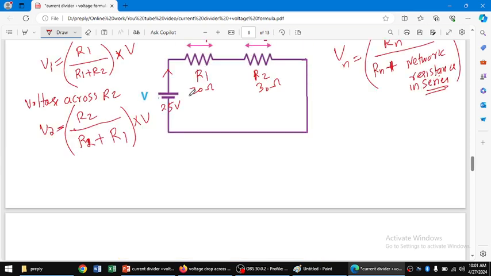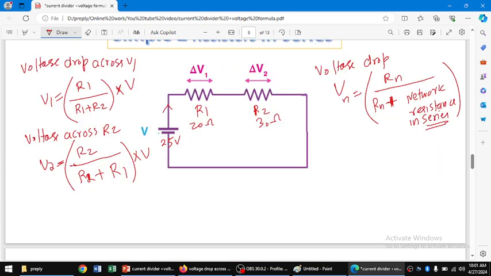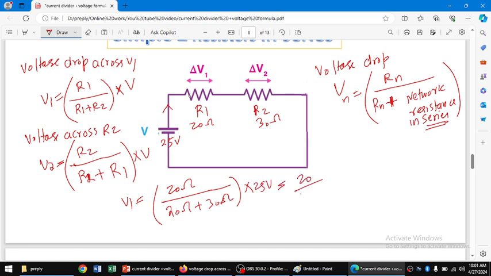To find V1, we use R1, which is 20 ohm, divided by 20 ohm plus the network resistance in series with it, 30 ohm. We multiply with the total potential from the battery, 25 volts. So we get 20 over 50 multiplied by 25, which gives 10 volts.